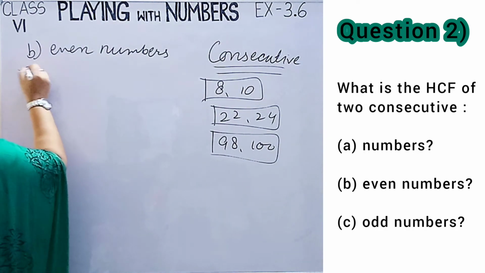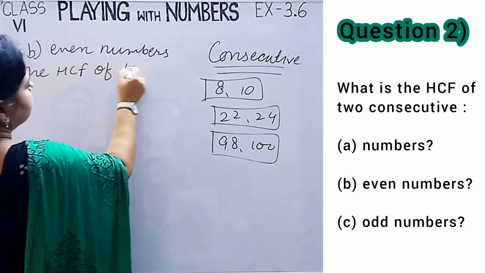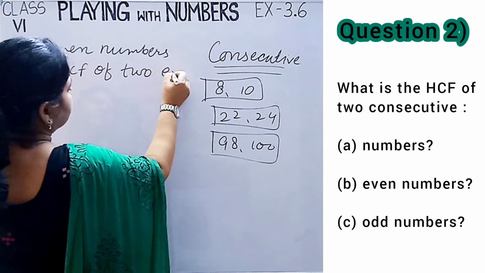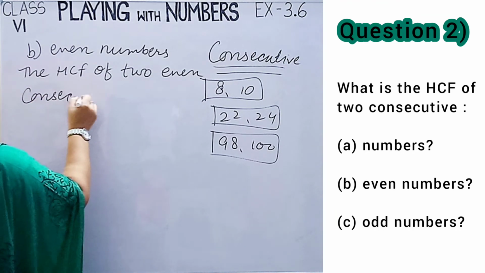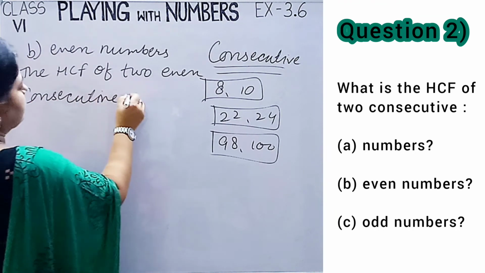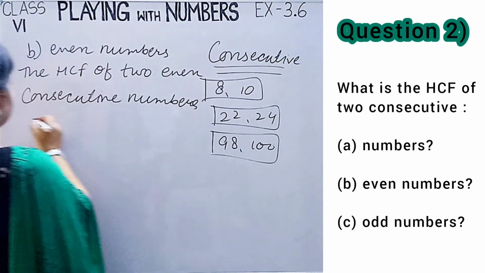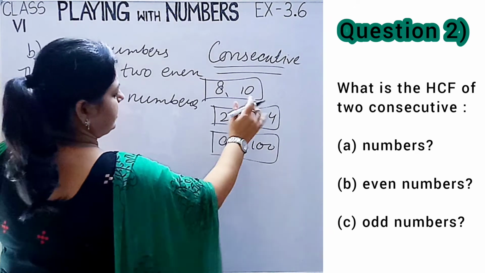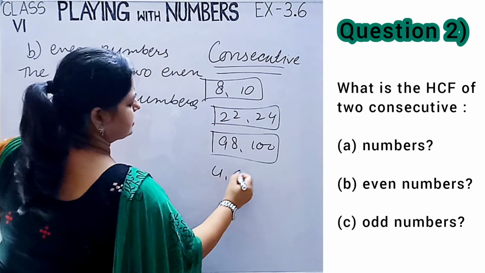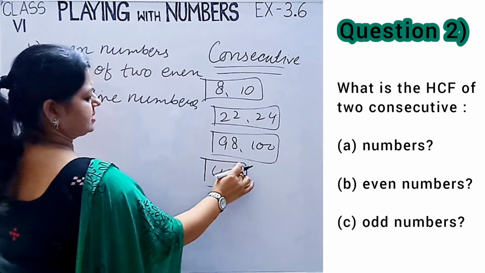So the HCF of two consecutive even numbers is, here we have to find out. Suppose I am taking the example of 4 and 6. 4 and 6 are two consecutive even numbers.